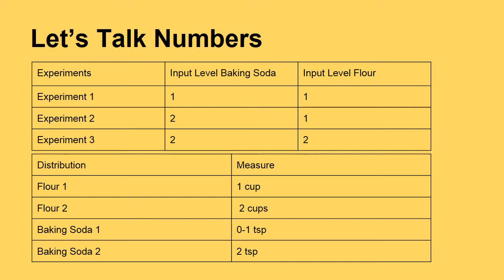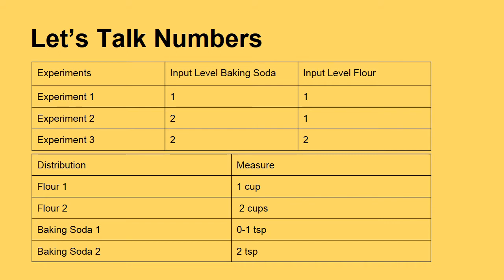Now let's talk numbers. This entire experiment is about using statistics and using the ones and twos to make a distribution, technically making a lot of data from not a lot of experiments. We chose numbers 1 and 2: 1 as our high, 2 as our low. At the bottom, we show the distribution.